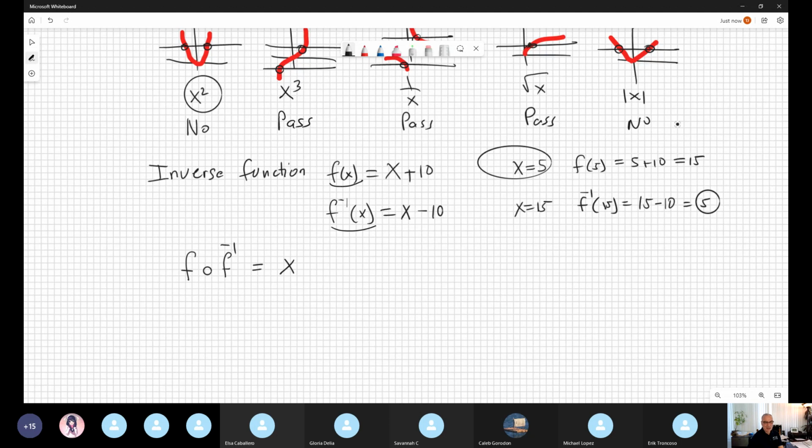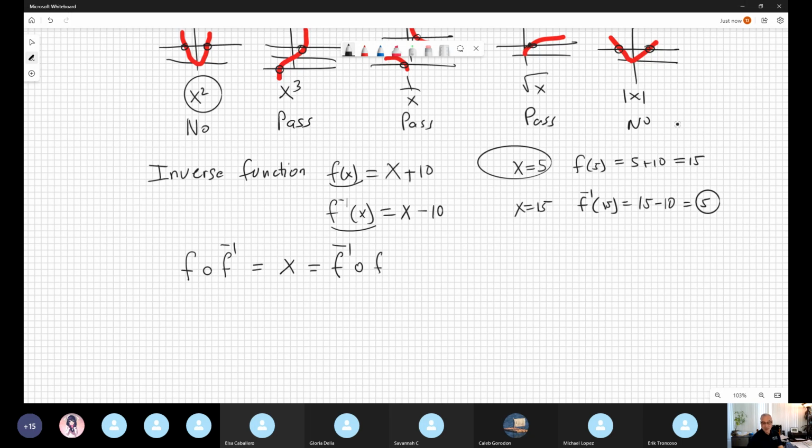If you apply first the original and after the inverse, or the reverse order, it normally is not true in general.